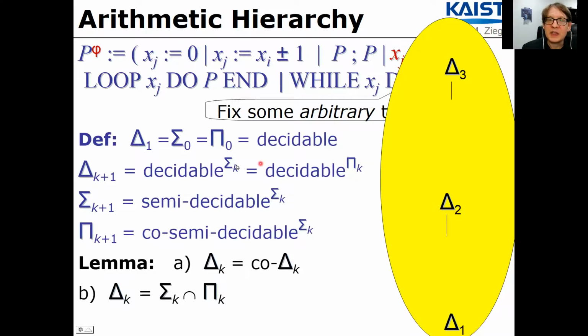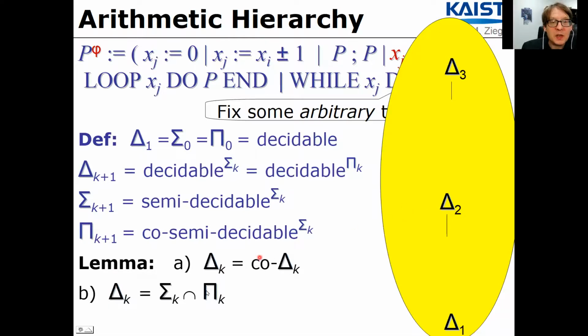Recall that this is the same in Hahn. We see why it's the same, because sigma 1 is semi-decidable, so something being decidable with oracle access to semi-decidable, or decidable with oracle access to co-semi-decidable, that's delta 2 here. Okay.